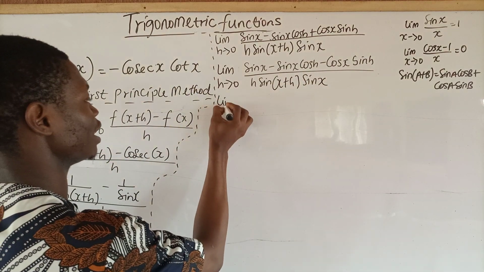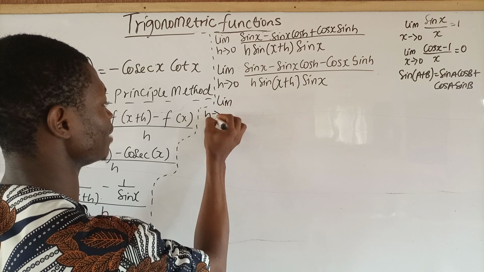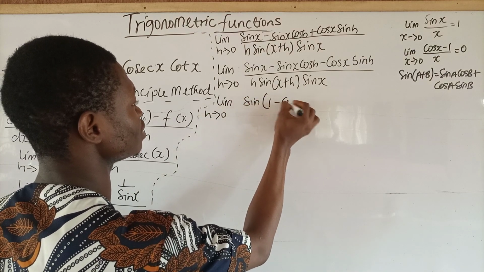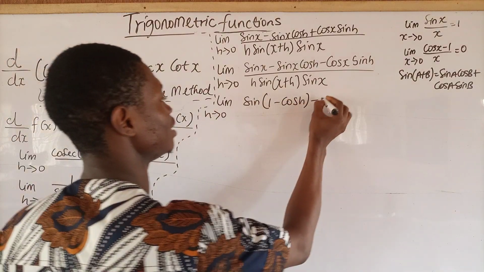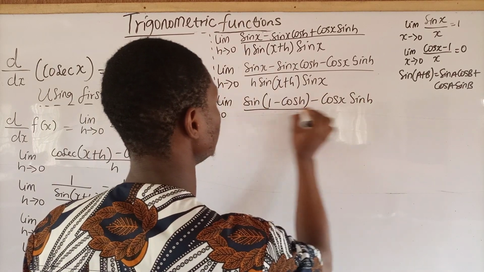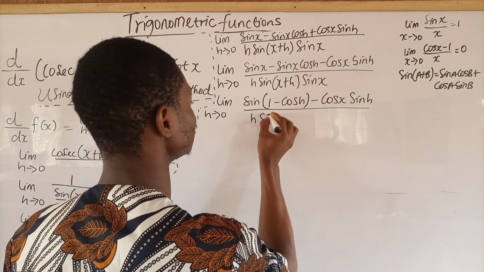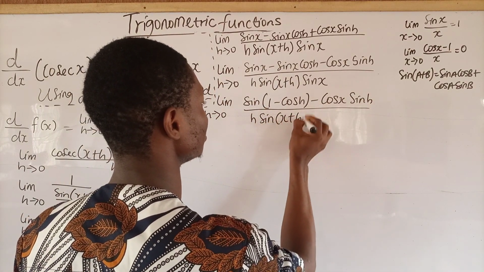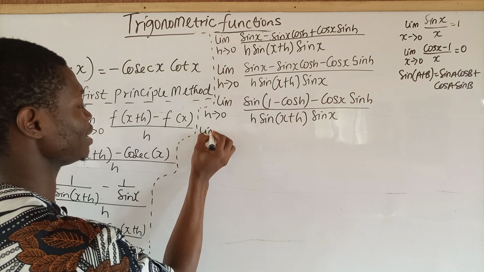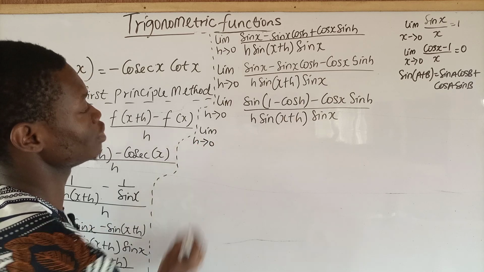So we can factorize. Sine x is common there. We have sine x times 1 minus cos h minus cos x sine h, all over h sine of x plus h sine x.